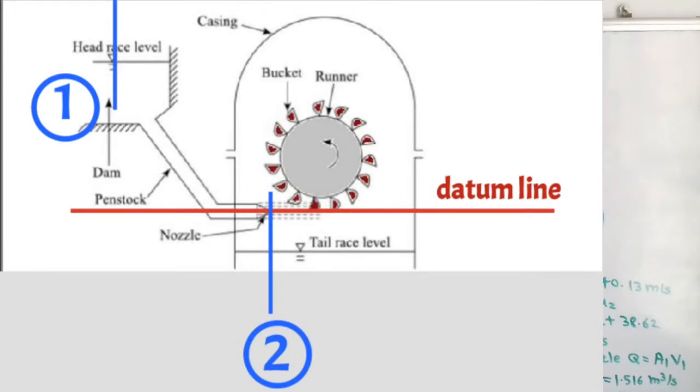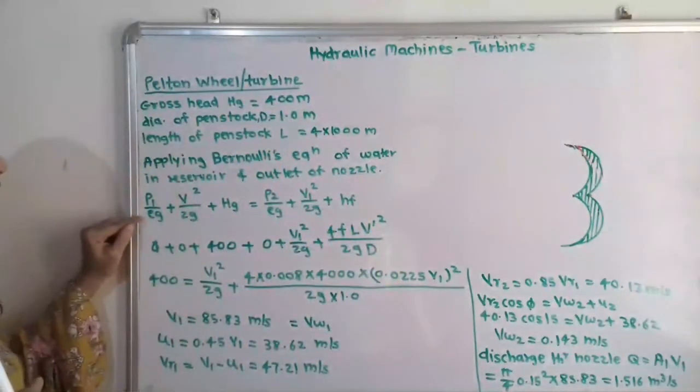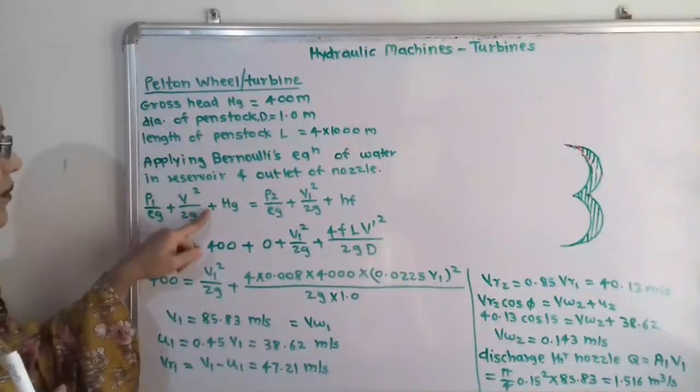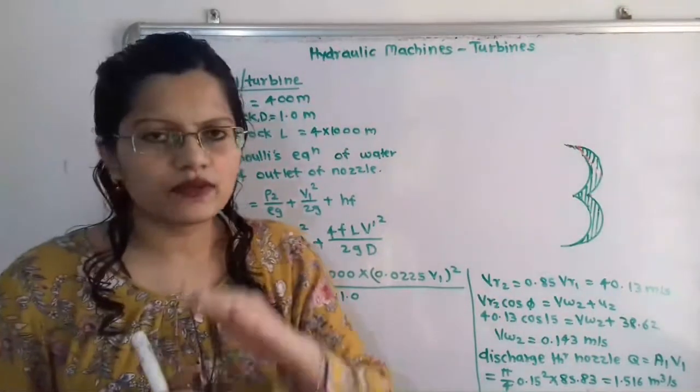Now, how can we write Bernoulli's equation? The pressure head plus kinetic head plus datum head at section 1 is equal to the pressure head plus kinetic head plus datum head plus losses at section 2. So here I will write the equation: P1 by rho g plus V square by 2g plus Hg, because this is the datum head from the datum line.